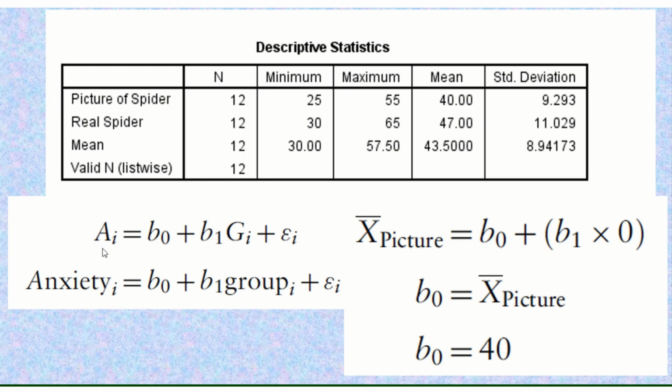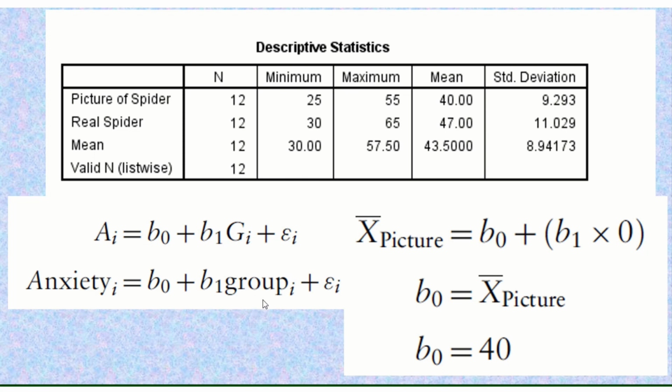So we have here the general linear model equation. This time we will be using what we call a dummy variable. In a dummy variable, we basically give codes or values for the groups.